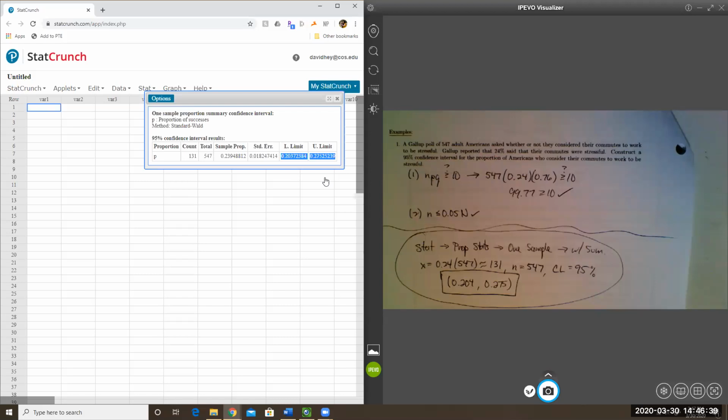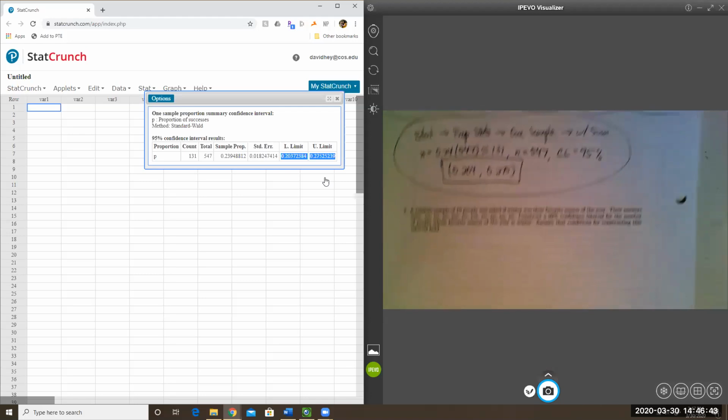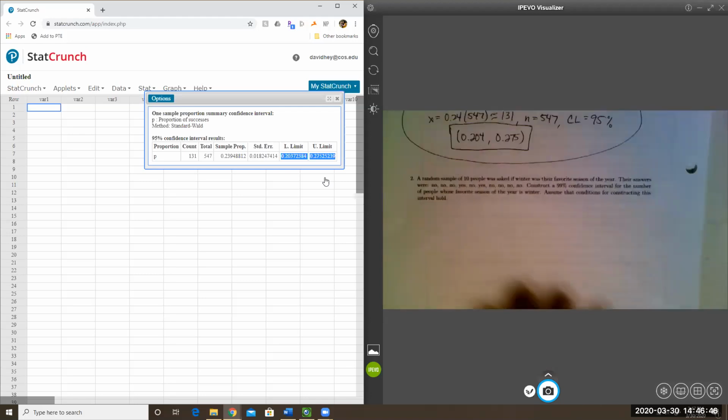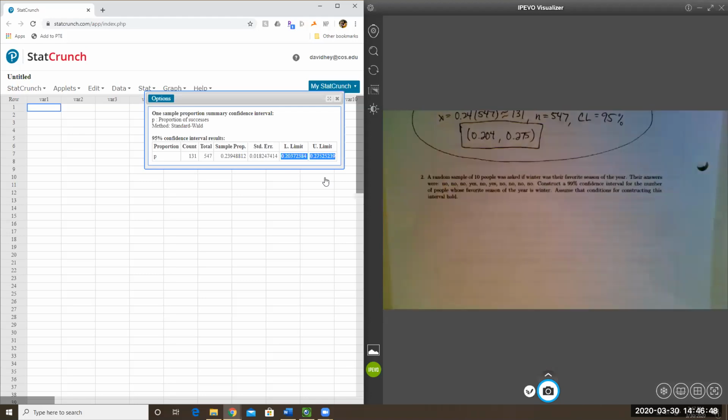Let's move on, look at another example. So looking at number 2. Okay, this one says a random sample of 10 people was asked if winter was their favorite season of the year. Their answers were no, no, no, yes, no, yes, no, no, no, no. Construct a 99% confidence interval for the number of people whose favorite season of the year is winter.